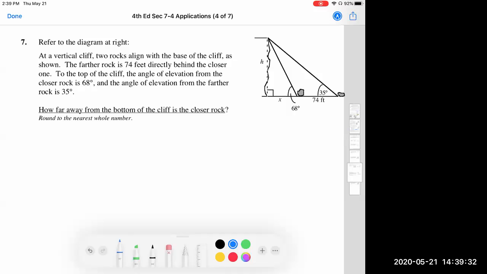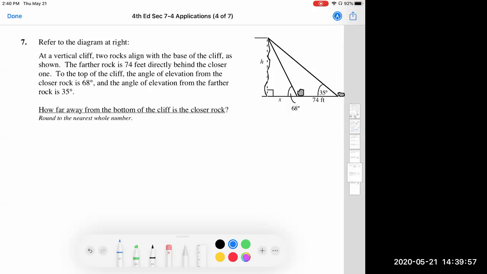All right, I see the rocks. The farther rock is 74 feet directly behind the closer one. That makes no sense to me. To the top of the cliff, the angle of elevation from the closer rock is 68 degrees, and the angle of elevation from the farther rock is 35 degrees.